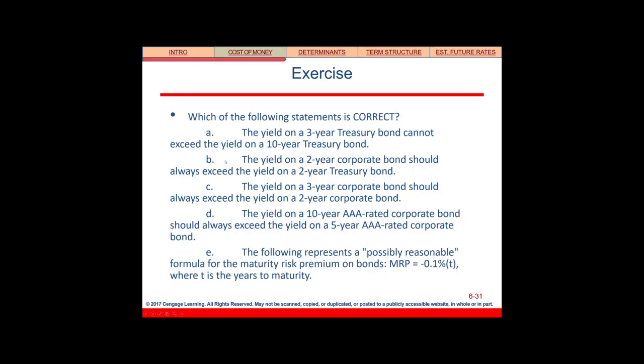So if inflation in the next 3 years is high and expected to go down after the next 3 years, then in this case the inflation premium can be very high for this 3-year treasury bond, even higher than the 10-year treasury bond. While the 10-year treasury bond definitely has a higher maturity risk premium, it's hard to say whether it can cancel out the effect from the inflation premium, right?